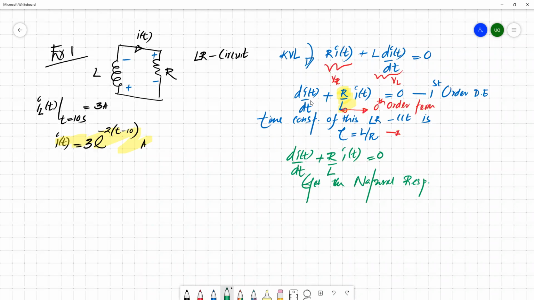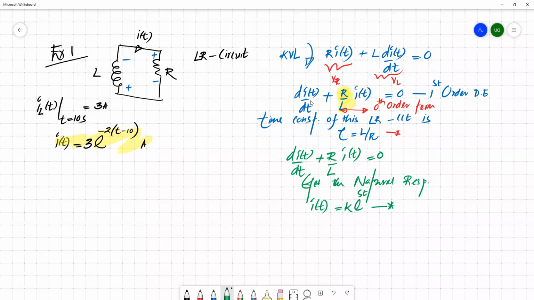So we know that this natural response ultimately comes in the form of k times e to the power st. The solution of a general first order differential equation is basically a kind of exponential function.